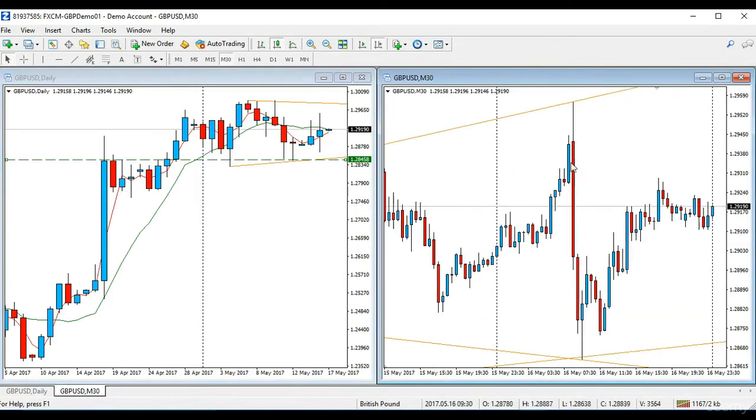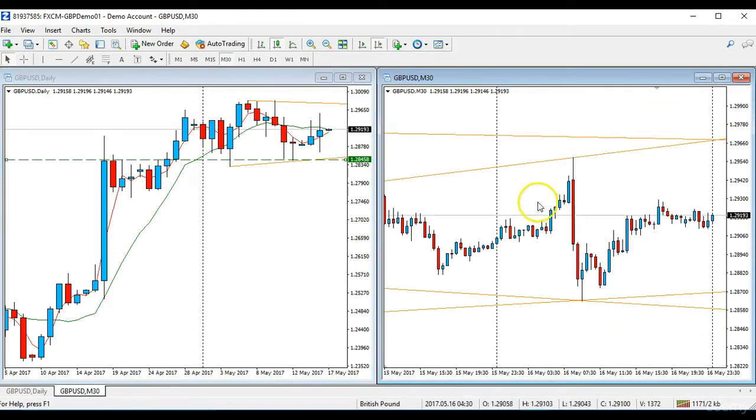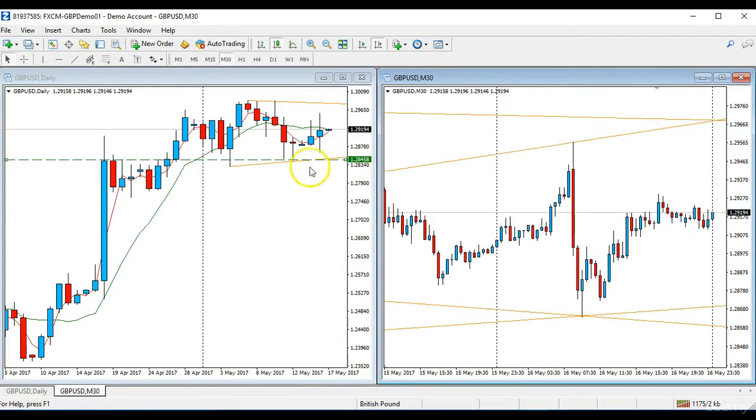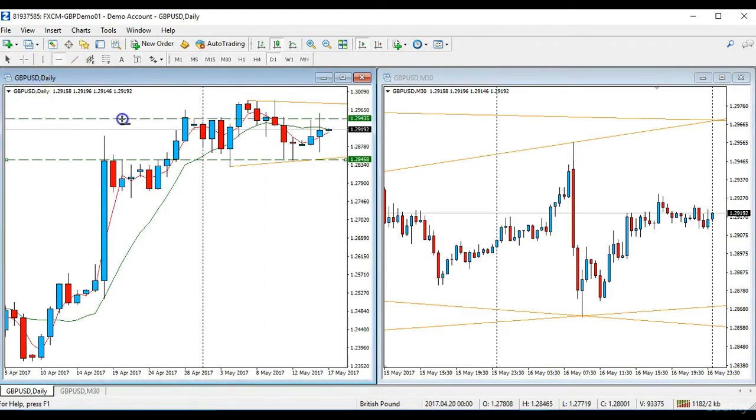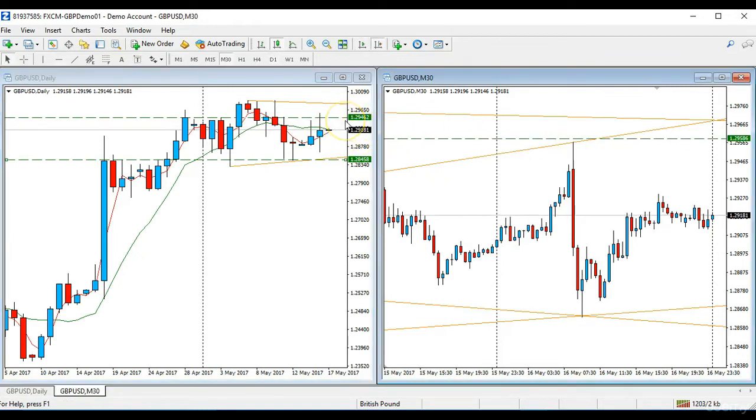So when we do our trading on the lower time frames, if we see what's happening here and put in another level of resistance, and we put those levels into our 30-minute time frame, which is probably about there, 1.29462, that provides us with a good place to know where we're going to take our profits.